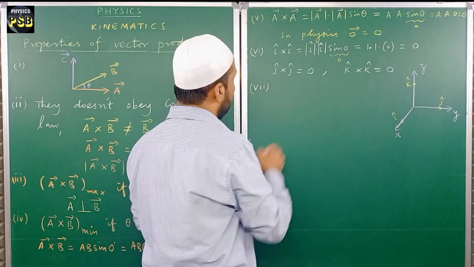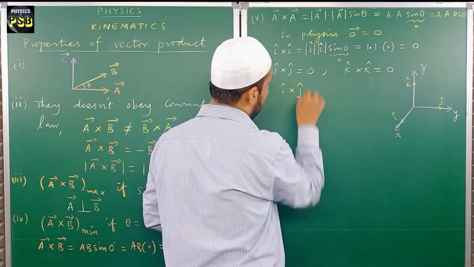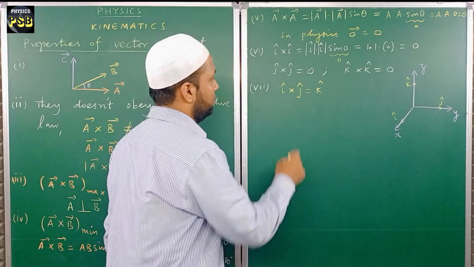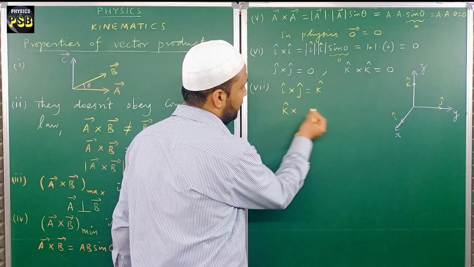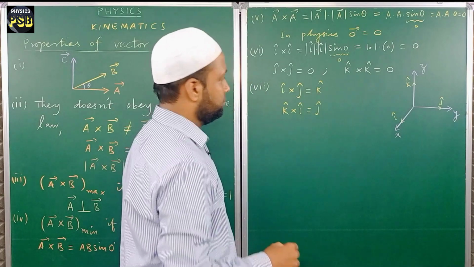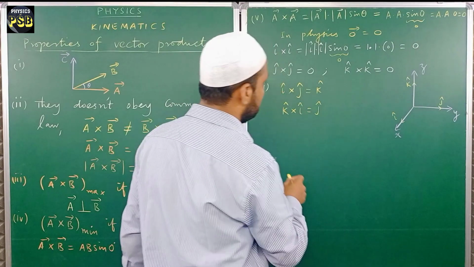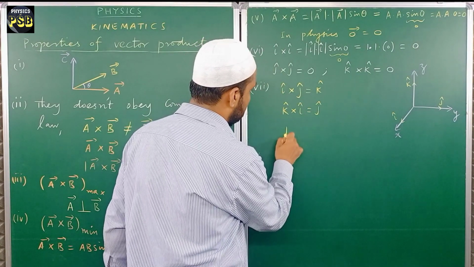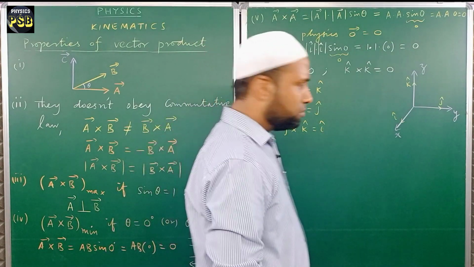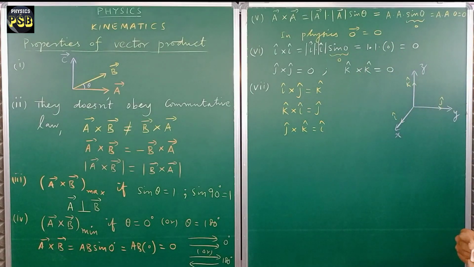Now let me take the cross product of these orthogonal vectors. If I take the cross product of i and j, i cap cross j cap, then I will get k cap. In the similar way, when I multiply k cap with i cap, I will get j cap. Clear? Next, when j cap is multiplied with k cap, I will get i cap. Now, how to remember this? This can be remembered easily using the right hand screw rule.